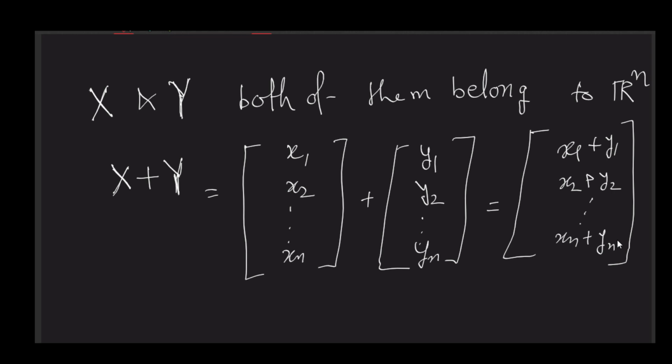The result is also an n-tuple. So this is an inner operation, and it is also a binary operation.